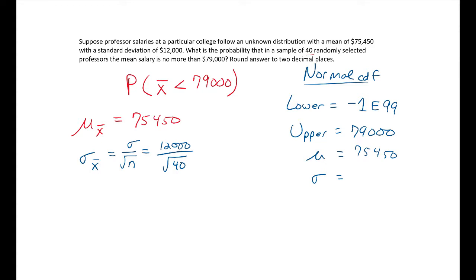As I said in another video, because we're going to round our answer to 2 decimal places, I highly recommend that you use 3 decimal places for all of your work, and then at the very end, round down to 2. So let's calculate this standard error to 3 decimal places.